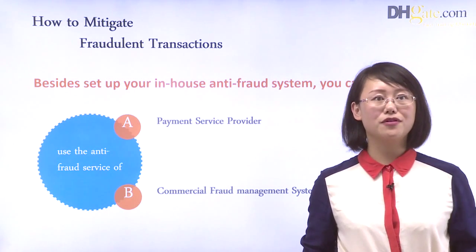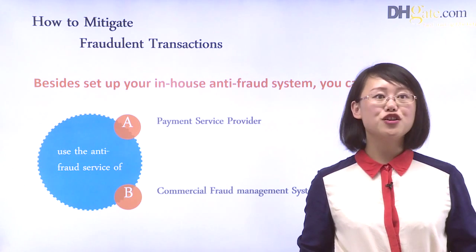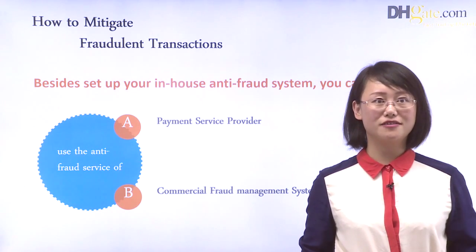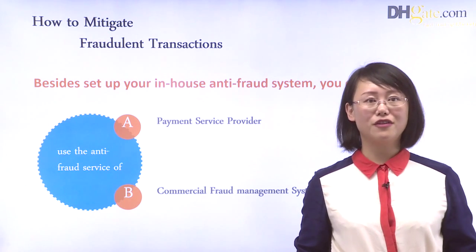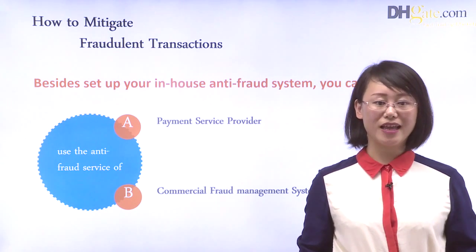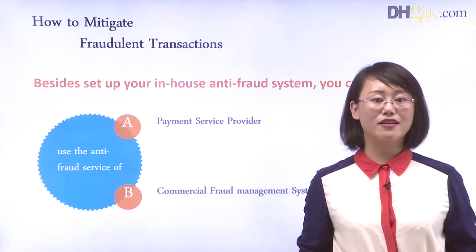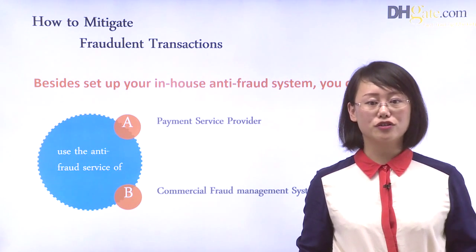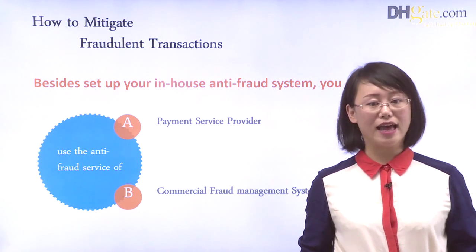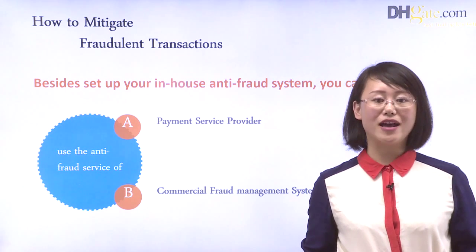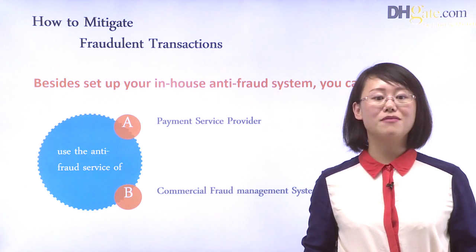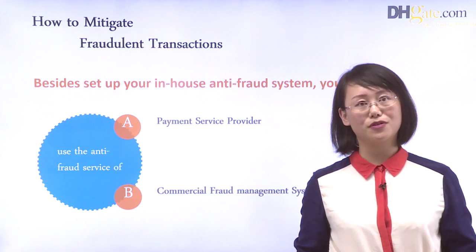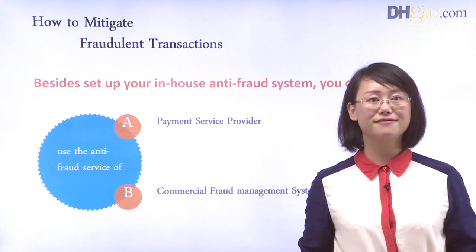Besides setting up your in-house anti-fraud system, you can also use the anti-fraud service of a payment service provider or a commercial fraud management service. This way, merchants can not only get a spectrum of tools like proxy IP identification or device fingerprint, but also learn fraud management knowledge from experts in a very quick way.